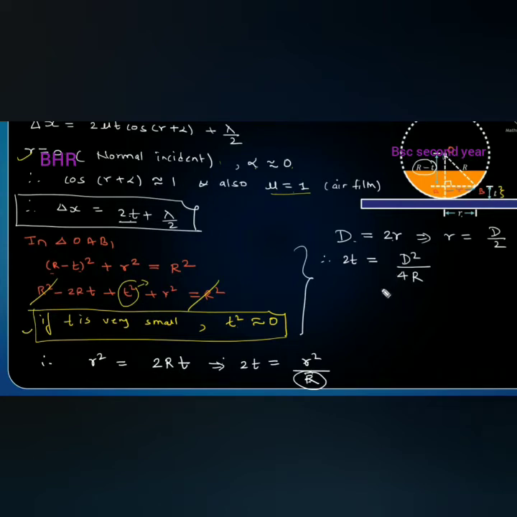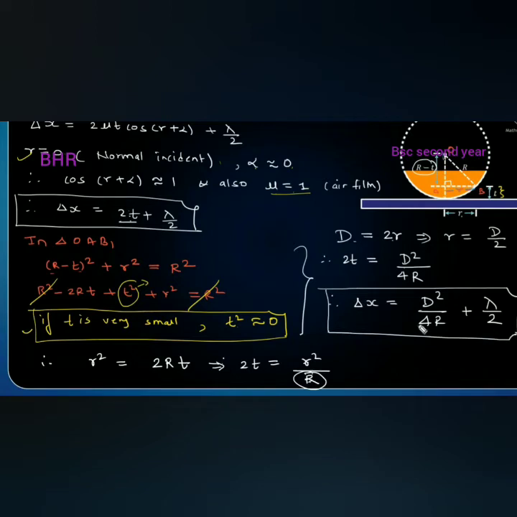Here our aim is to find the diameter of Newton rings. For that purpose, we are converting the entire expression in terms of diameter. Now by substituting the value of 2t in the equation of delta x, delta x is equal to D square by 4R plus lambda by 2. This is the expression for path difference.